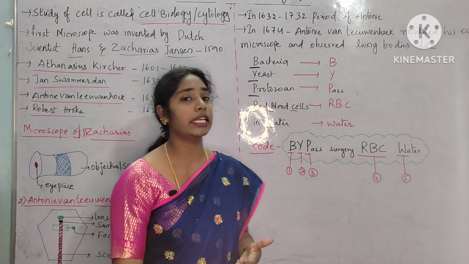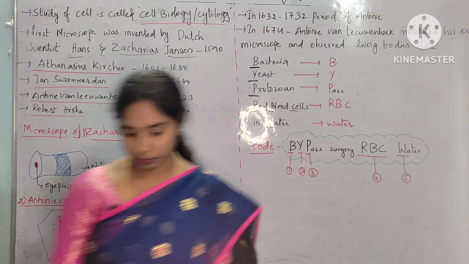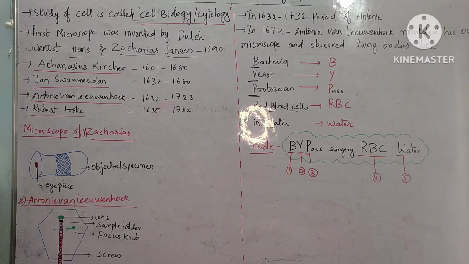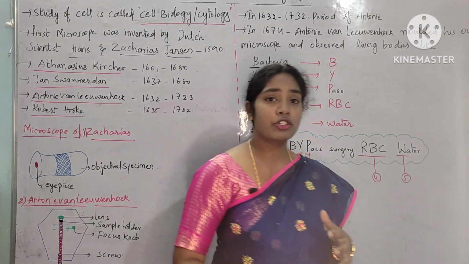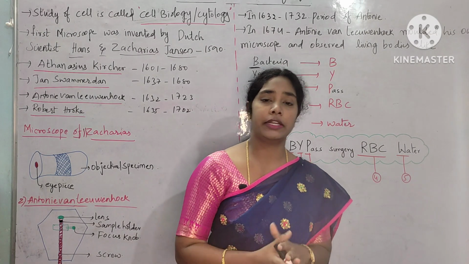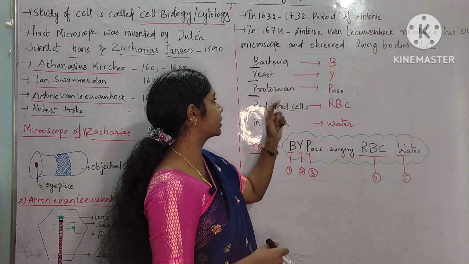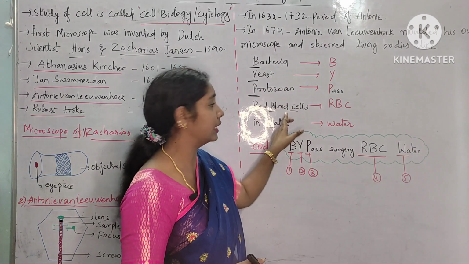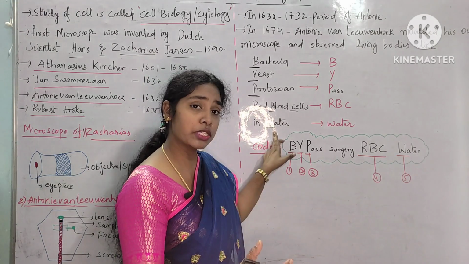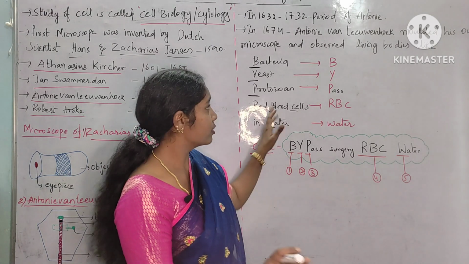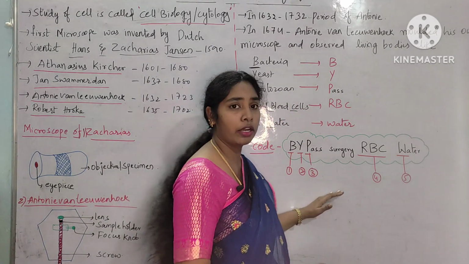So what cells did he observe under the microscope? Children, what cells did he observe? He observed bacteria, yeast, protozoans, red blood cells, and where? He observed in water. To remember all this, I made a code.